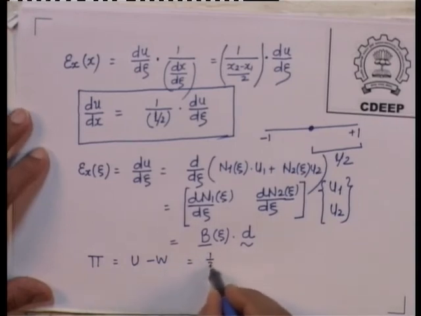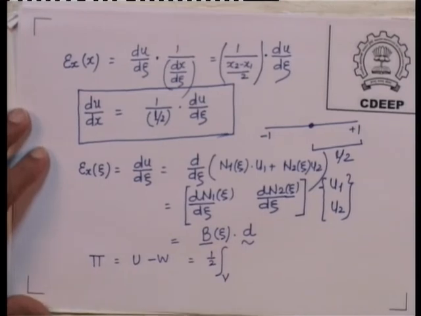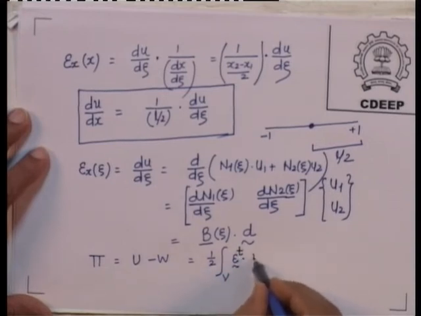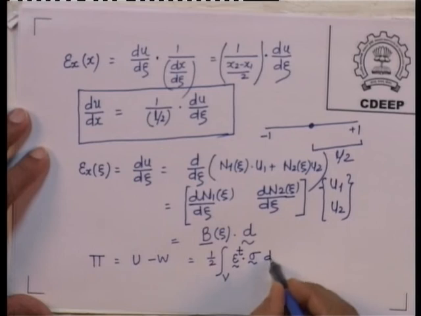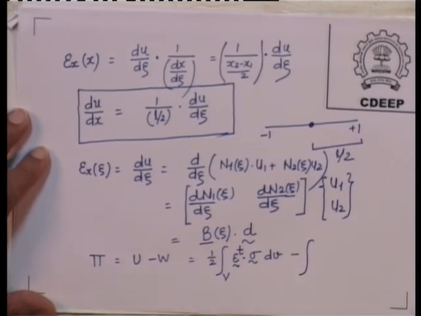Normally we do this, pi is equal to U minus W. U is half the strain, all the six strains, all the stresses multiplied by V, minus work done by what?